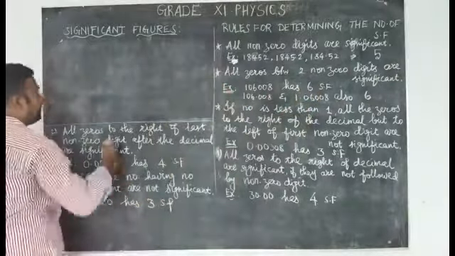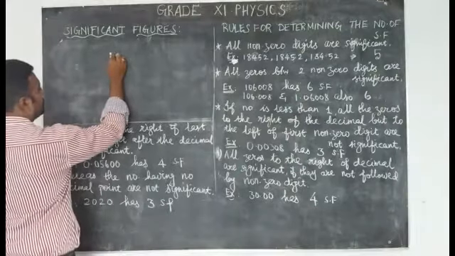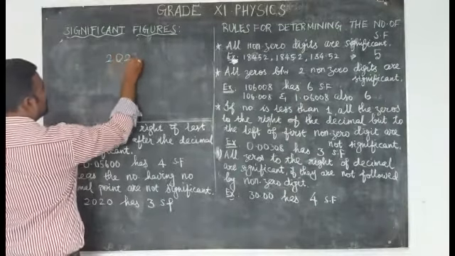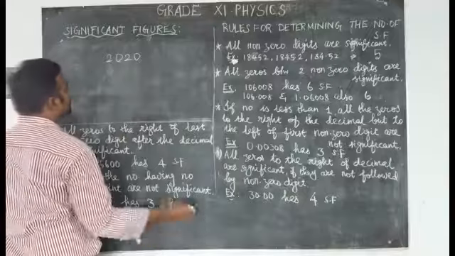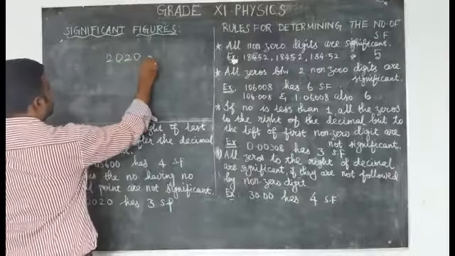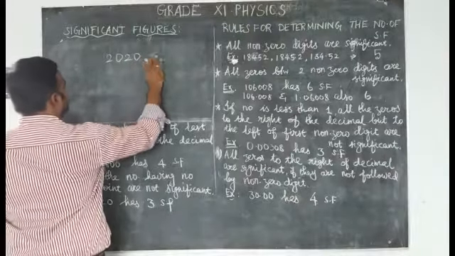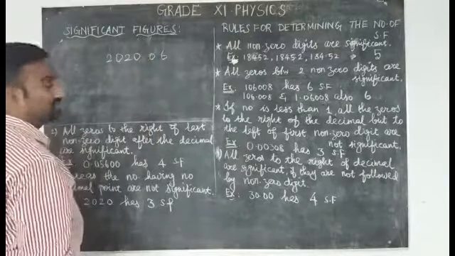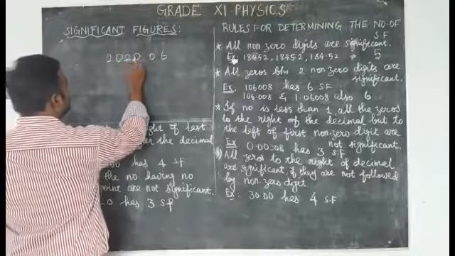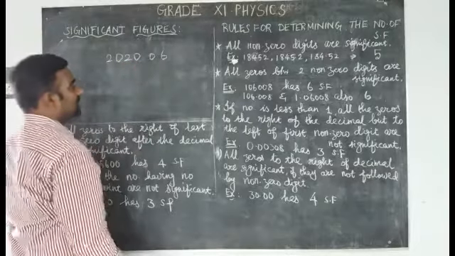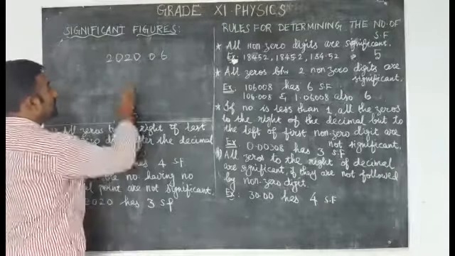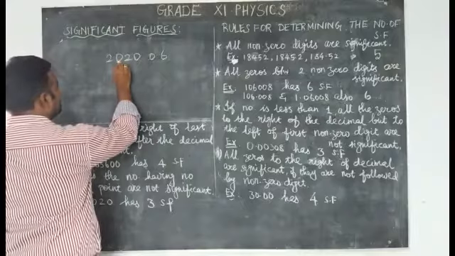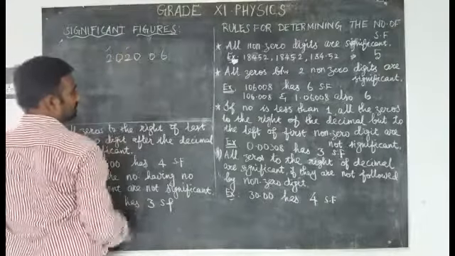Then the second one: all zeros between two non-zero digits are significant. Look at the example. If we put 202006, we have a number like this. Here, look at the first zero: the first zero is between two non-zero digits.